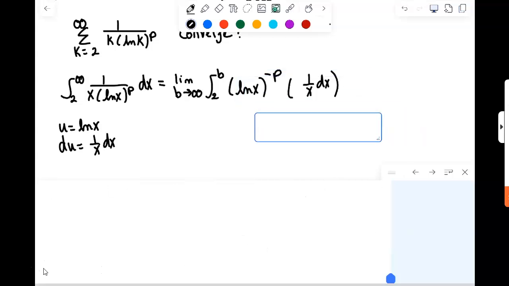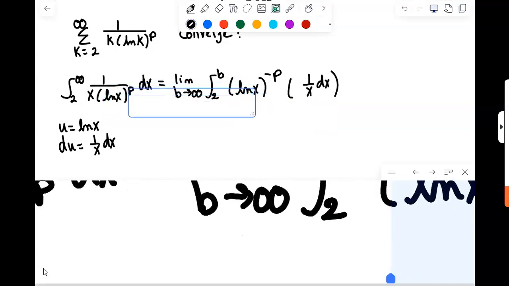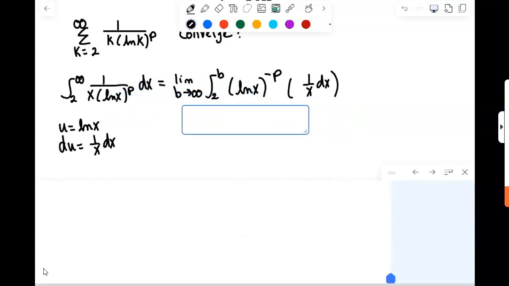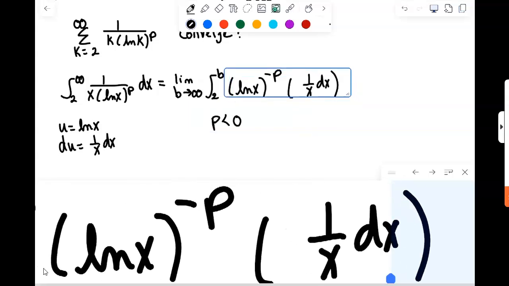So let's get a few values out of the way right away. If p starts out as being negative, then we're going to have the integral of ln of x to a positive power, even if it's like ln of x to the 0.1 power. And then using our power rule, we would add 1 to the exponent.